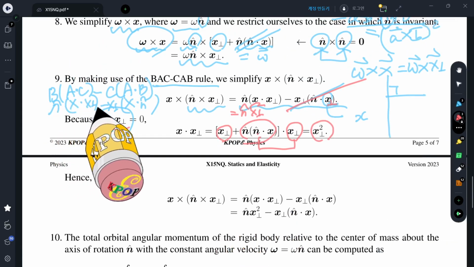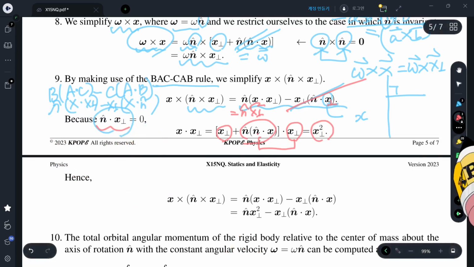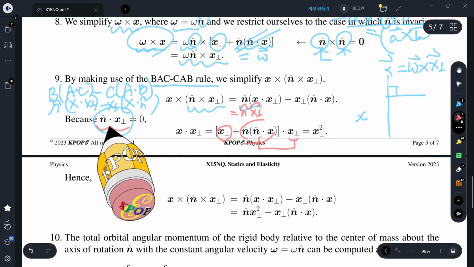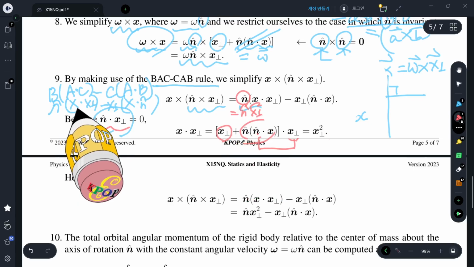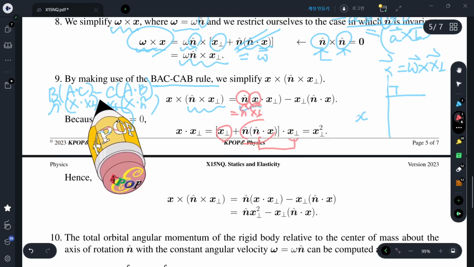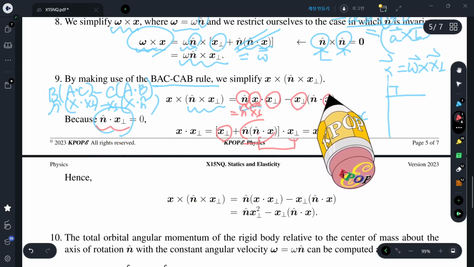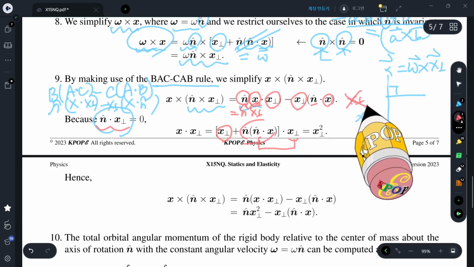Wait a second. This is x. Sorry about that. I missed that point. n, that's fine. x, that's fine. x perp minus x perp n hat. It was not x perp. Sorry about that.